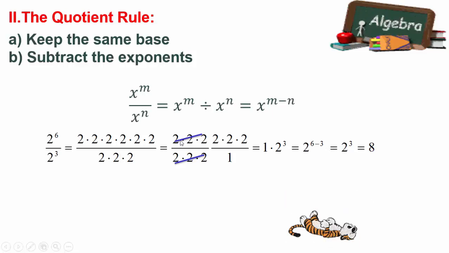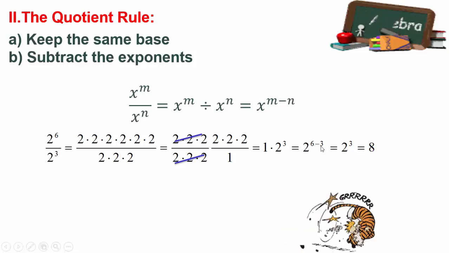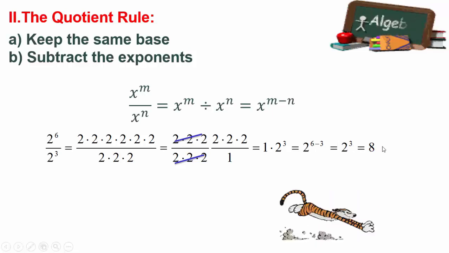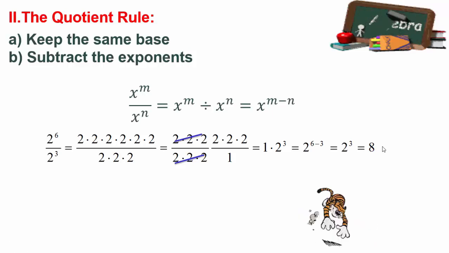That's the same thing as saying 6 minus 3, which is also 2 cubed. And it just turns out that if we work that out, 2 cubed is 8.